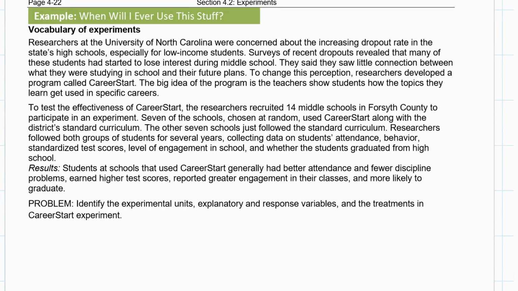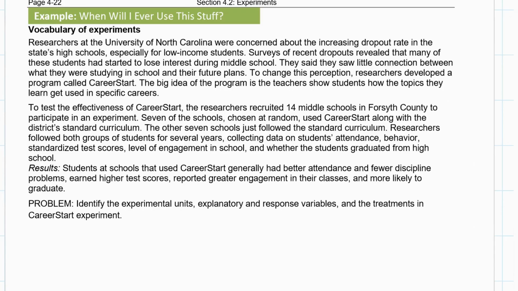Researchers followed both groups of students for several years, collecting data on students' attendance, behavior, standardized test scores, level of engagement in school, and whether the students graduated from high school. Results? Students at schools that used Career Start generally had better attendance, fewer discipline problems, earned higher test scores, reported greater engagement in classes, and were more likely to graduate.